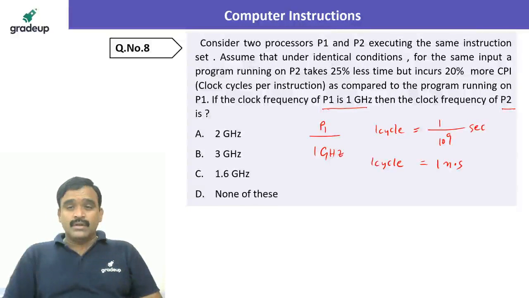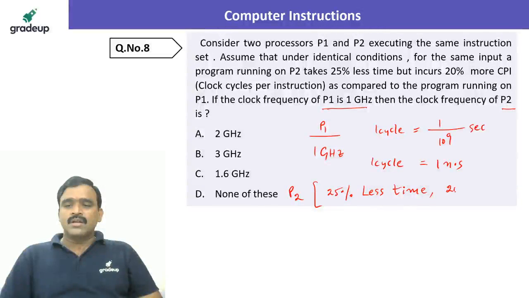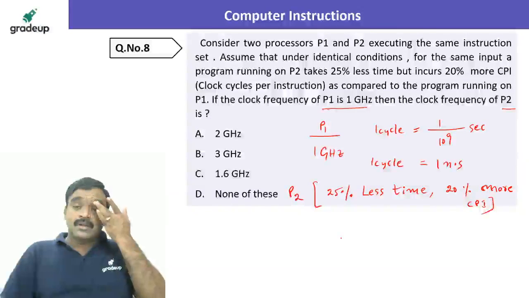As far as processor P2 is concerned, when compared to processor P1, it is taking 25% less time. And as far as the cycles are concerned, it takes 20% more cycles per instruction as compared to processor P1.